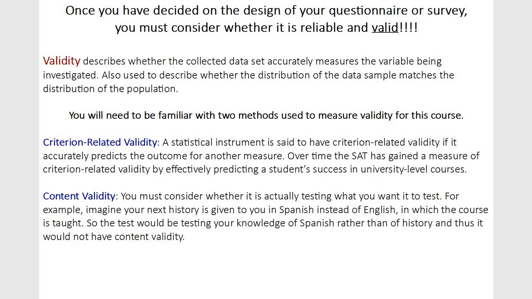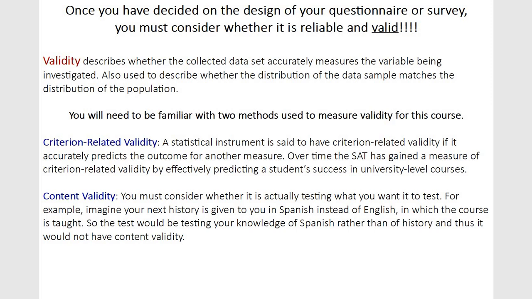Another way to test validity is content validity. You have to determine if you're testing what you actually want to test. So your history teacher gives you your test in Spanish instead of English, but the teacher talks to you in English. Your textbook is in English, but now your test is in Spanish.